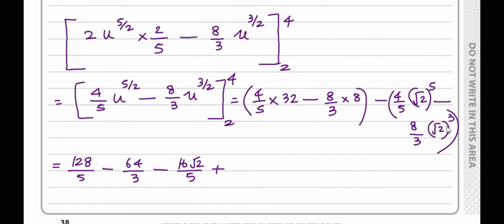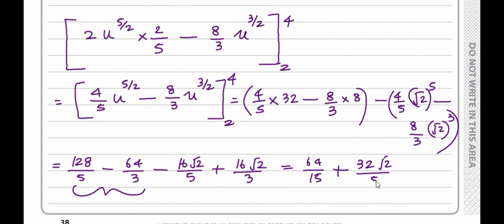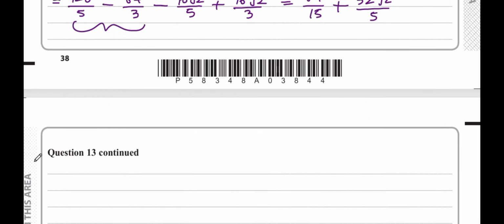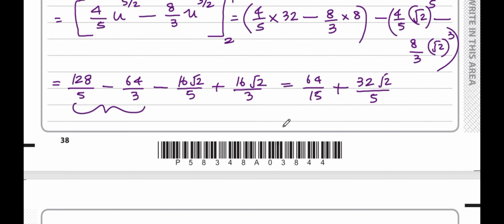Putting the first 2 terms into the calculator, we get 64 over 15. Putting the third and the fourth terms into the calculator, I get plus 32 square root of 2 over 15. This can be simplified further to what the question wants us to write.